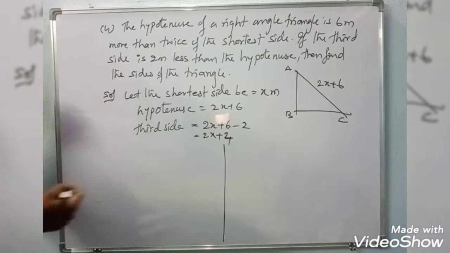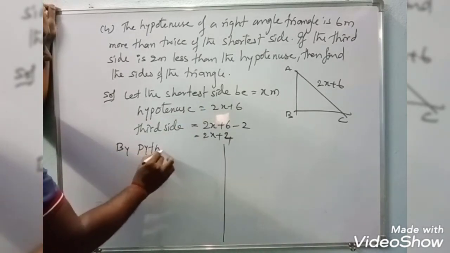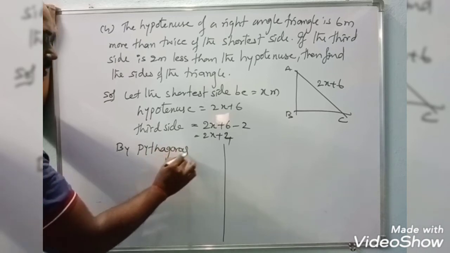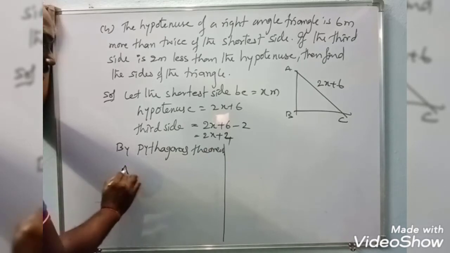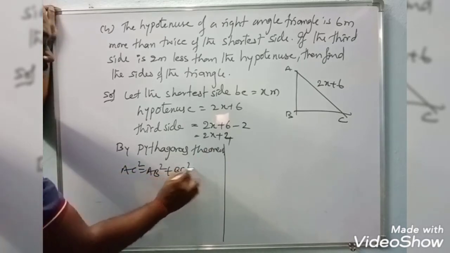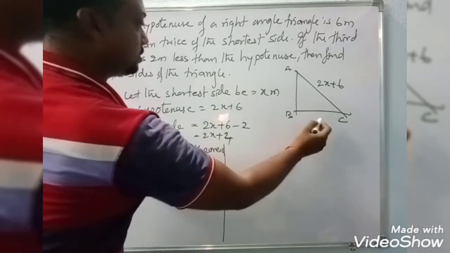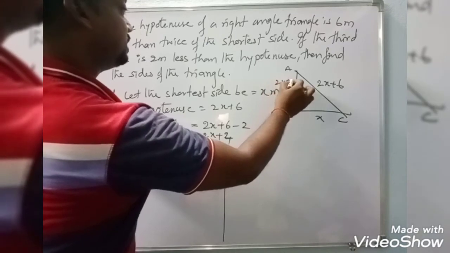Now how to find the value of x? By Pythagoras theorem we know that AC square is equal to AB square plus BC square. Where the shortest side is x and the third side is 2x plus 4.